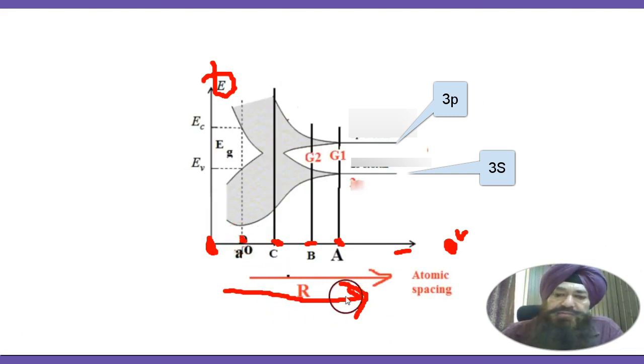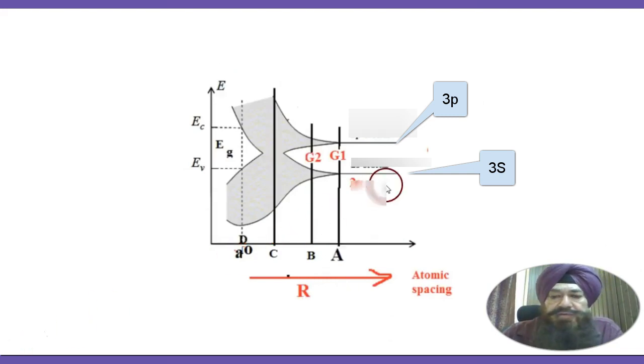When one atom is here and one atom is here, the distance is too much, and there will not be any change in the energy levels. This is 3p, this is 3s.